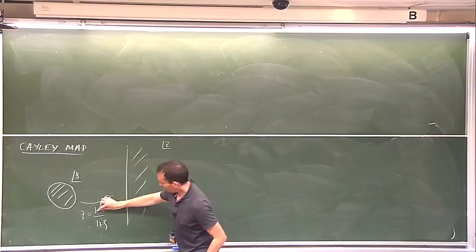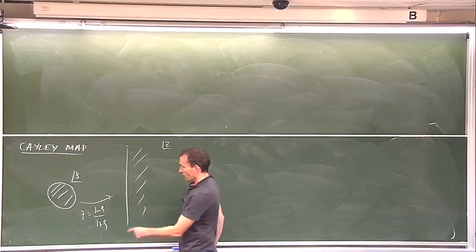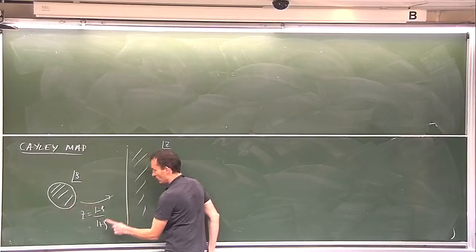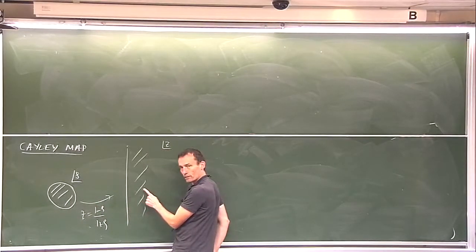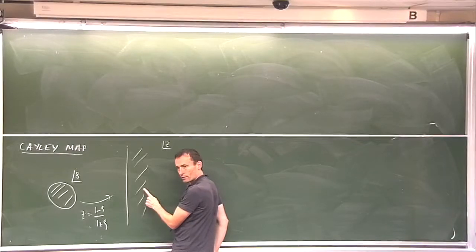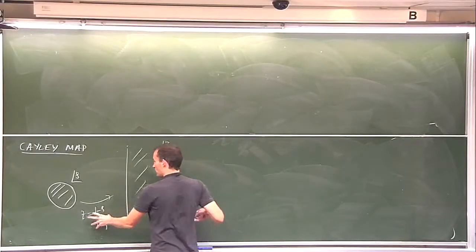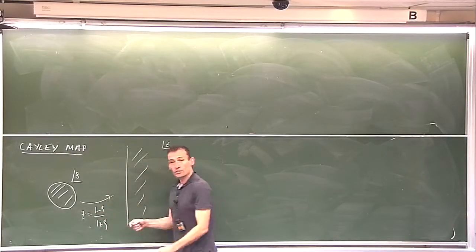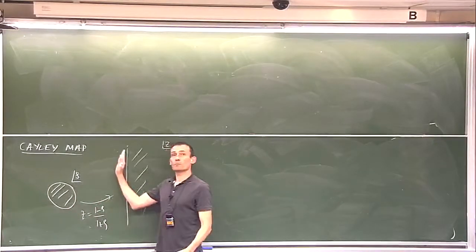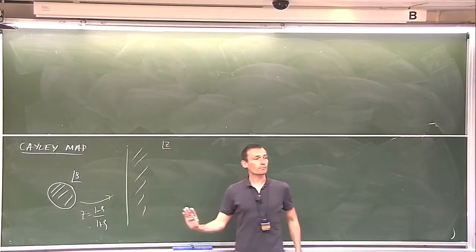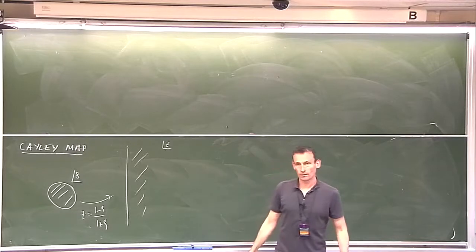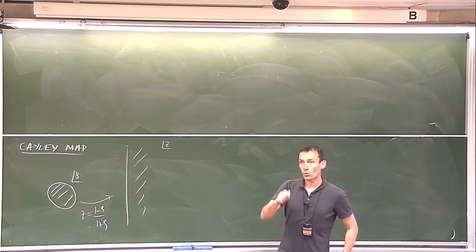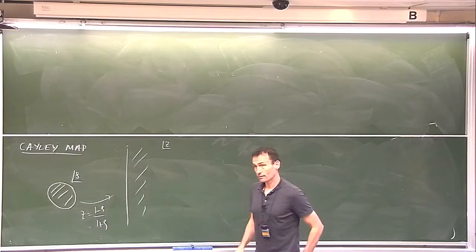Let me just check. Let's check z is equal to 0. That goes to 1, which is over here. Right? And let's just check that the unit circle maps to the imaginary axis. I told you a trick to do that. Always take the conjugate. Remember?